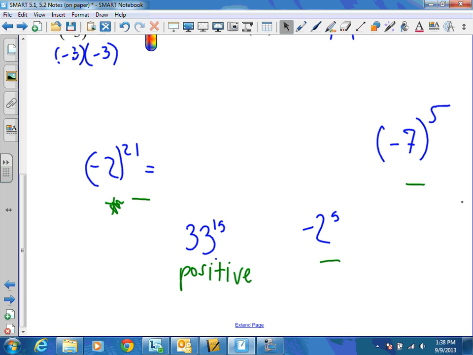Look at these. Do you agree? What can you write in your notes? What's the general thing going on? If there are parentheses and it's an odd exponent, parentheses with a negative and an odd is always going to be what? Negative. Parentheses negative with an even is always going to be what?